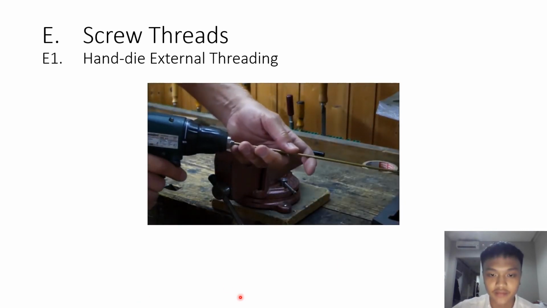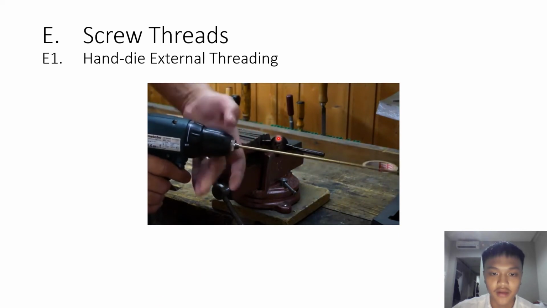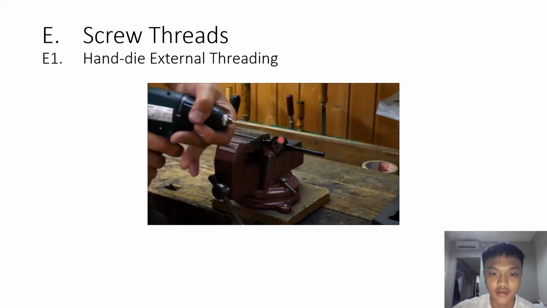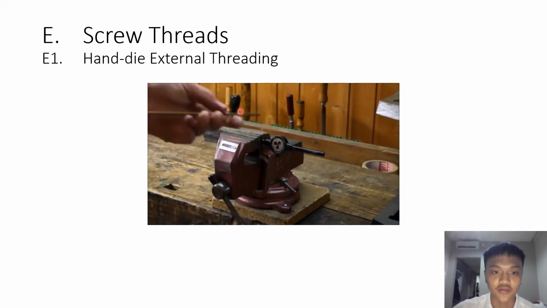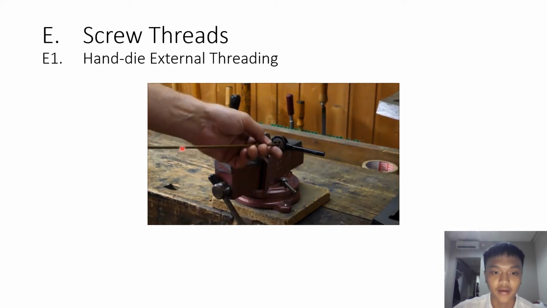As you can see, this is the acorn die, and this is the threaded screw blank.